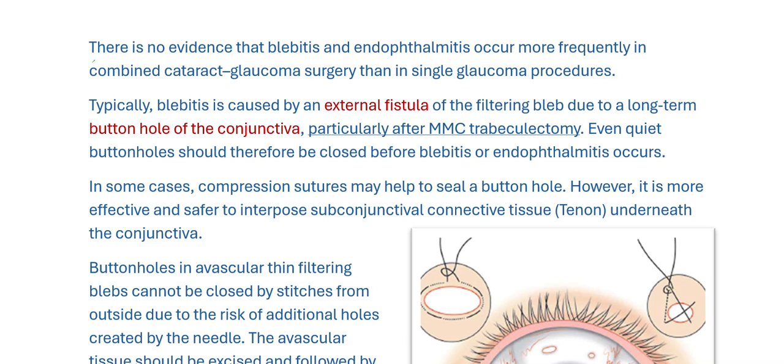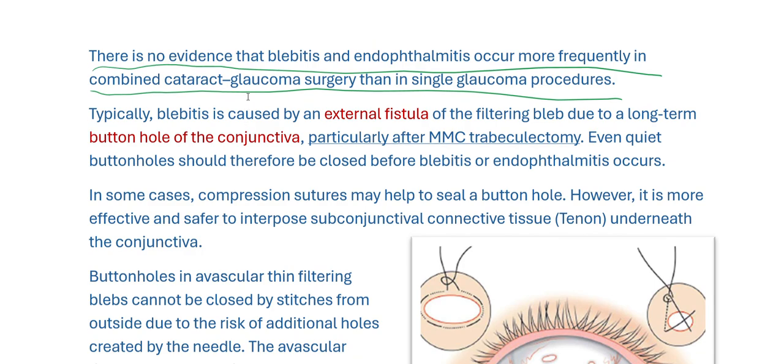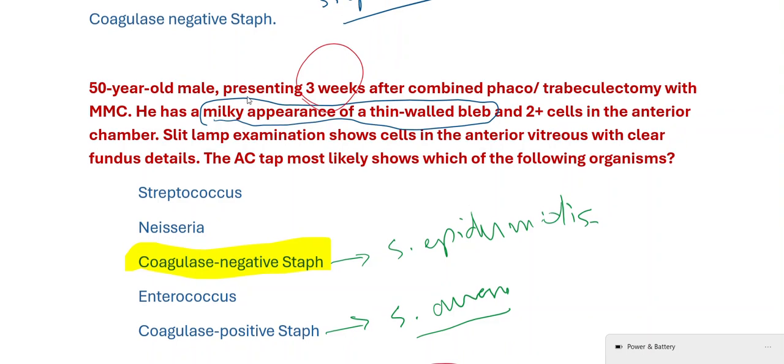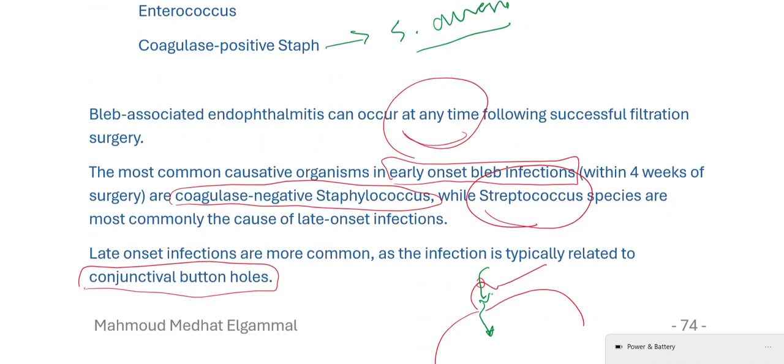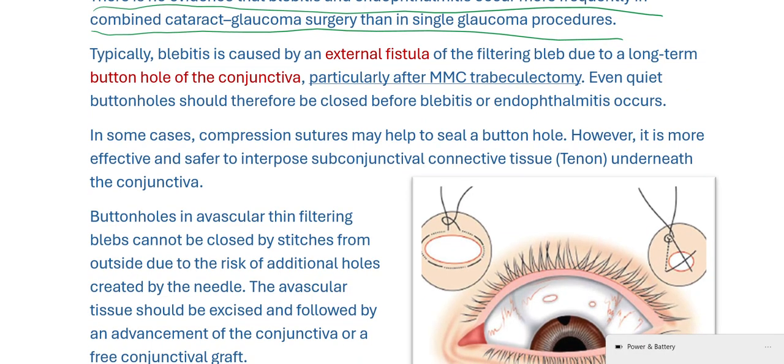There is no evidence that blebitis and endophthalmitis are more frequent in combined cataract glaucoma surgery than in single glaucoma procedures. So this question could have been either he had combined glaucoma cataract surgery or just had trabeculectomy or glaucoma filtering surgery. Typically, blebitis is caused by external fistula, which is a buttonhole.